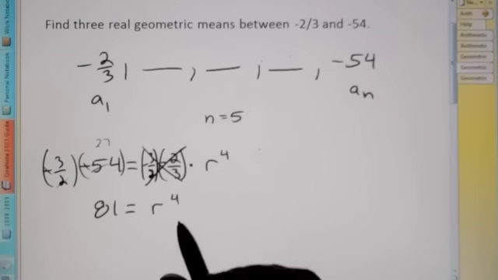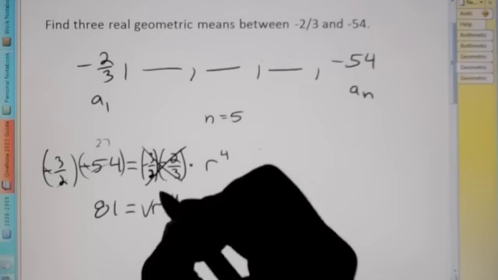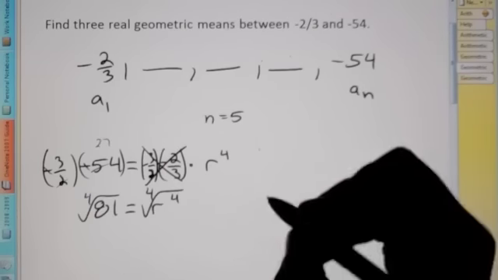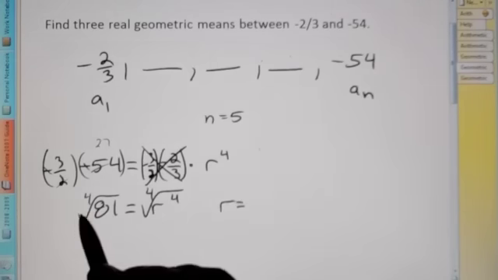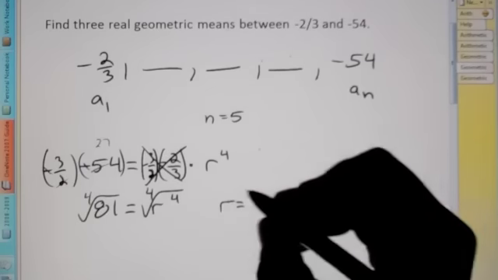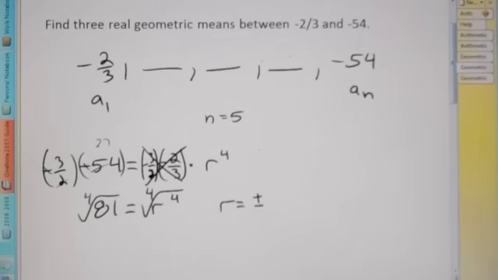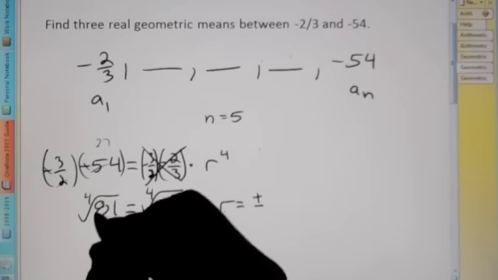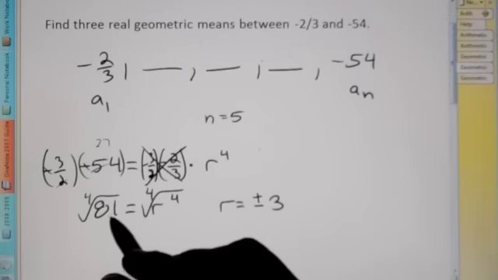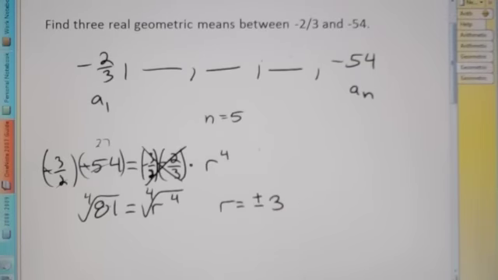So here, we need to get r by itself, so we need to get that 4 out. We're going to take the 4th root. Now the 4th root of 81, since we're dealing with an even number here, we have to put positive negative. And the 4th root of 81 is 3, because 3 to the 4th power is 81, and negative 3 to the 4th power is 81.